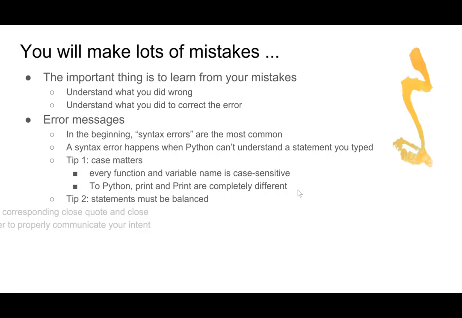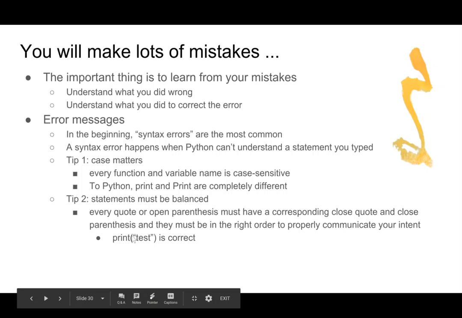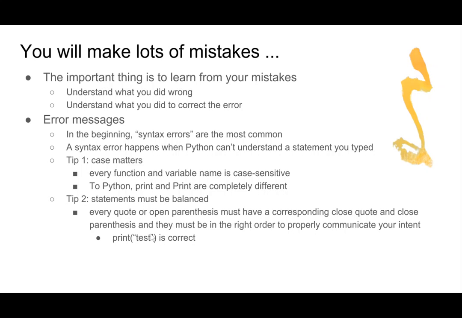Statements must also be balanced, so if you have an open parenthesis, you must have a closed parenthesis, and something must be enclosed in those parentheses. Every quote has to have a closed quote, and the something must be enclosed in those quotes. So here, the parentheses encloses a string that has test in it, and the text, T-E-S-T, is enclosed in double quotes.